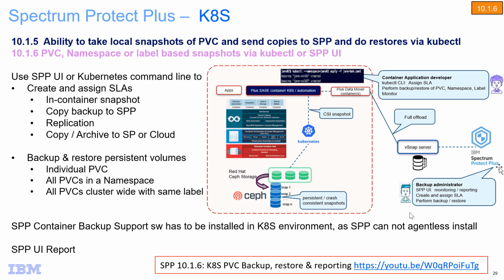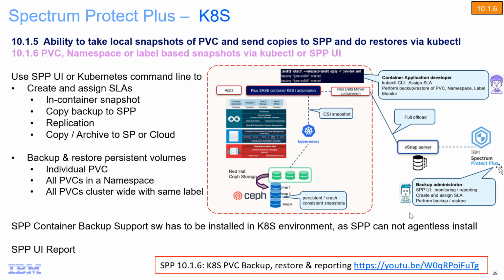Moving away from installing the Spectrum Protect Plus server inside of a container, let's look at protecting the PVCs and resources inside of a container. Back in versions 10.1.5 and 10.1.6, we introduced the ability to back up the PVCs inside of a Kubernetes environment.